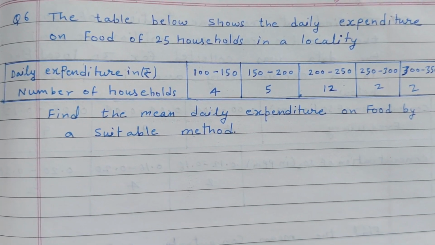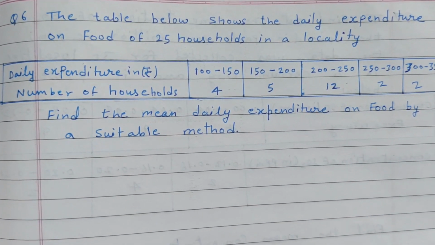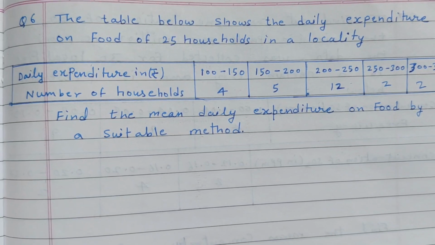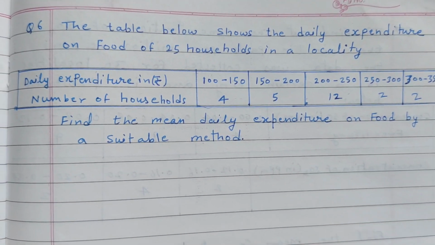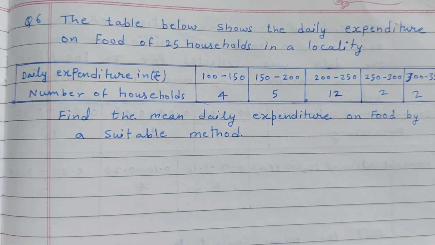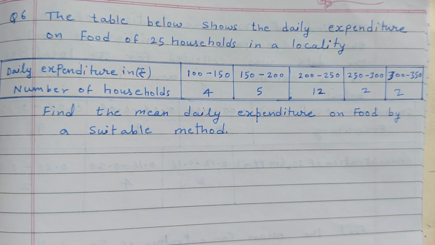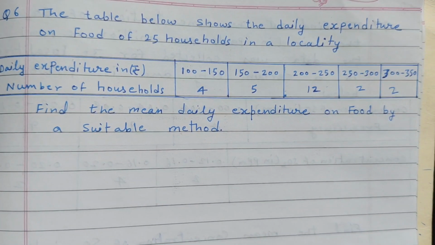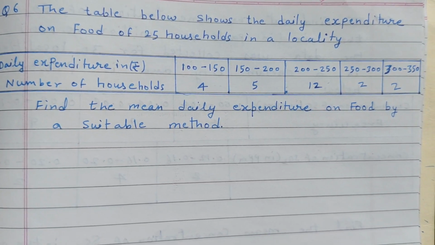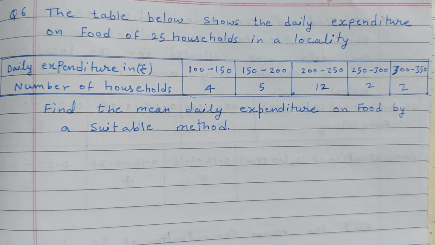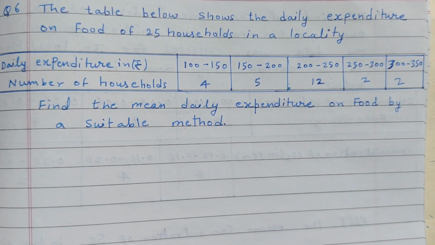Daily expenditure in rupees, number of households: 100 to 150, number of households is 4; 150 to 200, number of households is 5; 200 to 250, number of households 12; 250 to 300, number of households 2; 300 to 350, number of households 2. Find the mean daily expenditure on food by a suitable method.